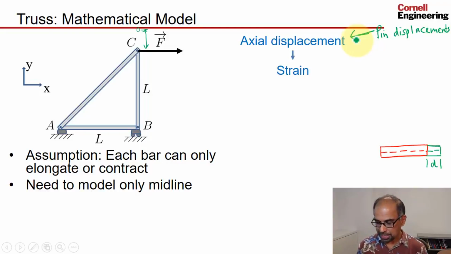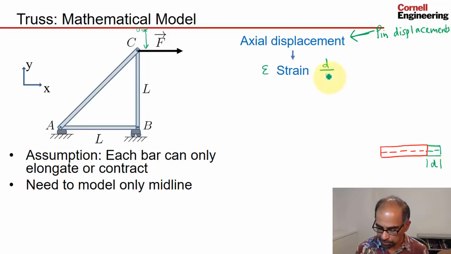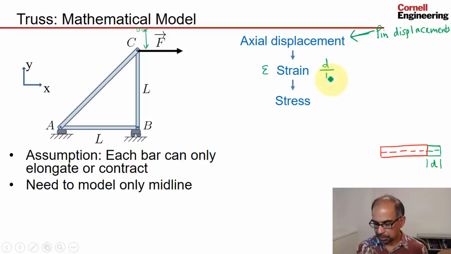And once I know the axial displacement, I can find the strain, because the strain epsilon is just going to be the axial extension divided by the length of the bar. Let me say that's L. And from that I can calculate the stress, sigma, which is just going to be the Young's modulus times epsilon.